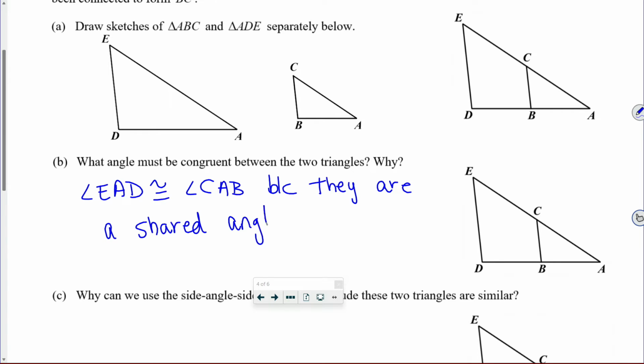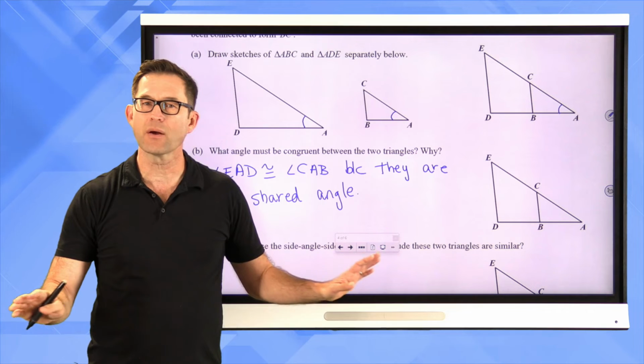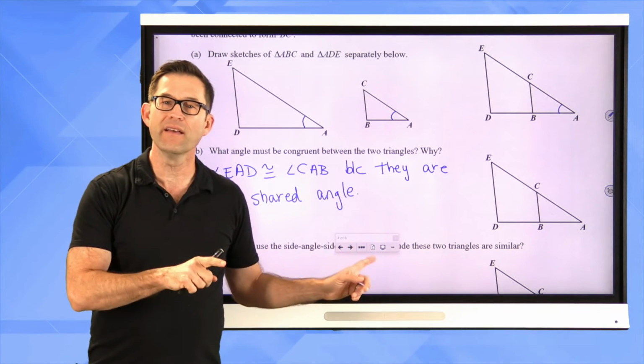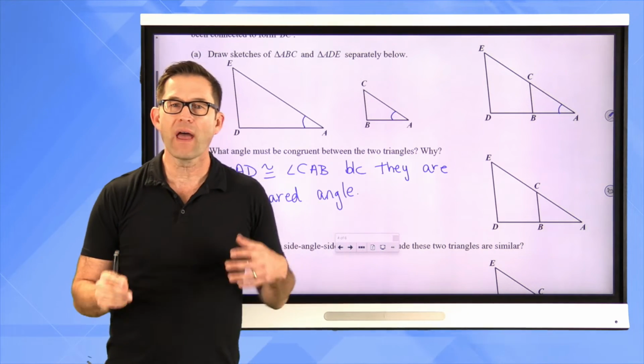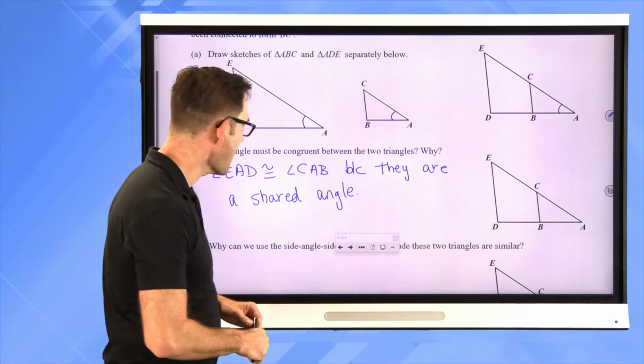They're literally this angle right here. That angle is the same angle. But that is the only angle that we know for certain, just based on what we've been told, is equal. So we don't have enough right now to use angle. I don't have any other angle pair. That's it.